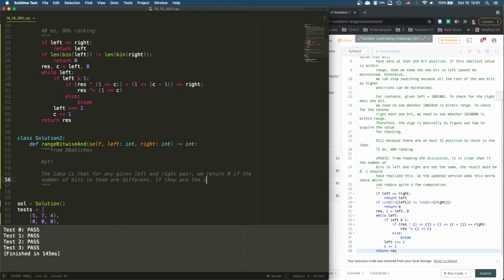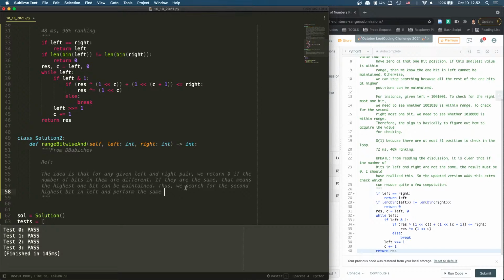If they are the same, that means the highest one bit can be maintained. Thus, we search for the second highest bit in left and perform the same.